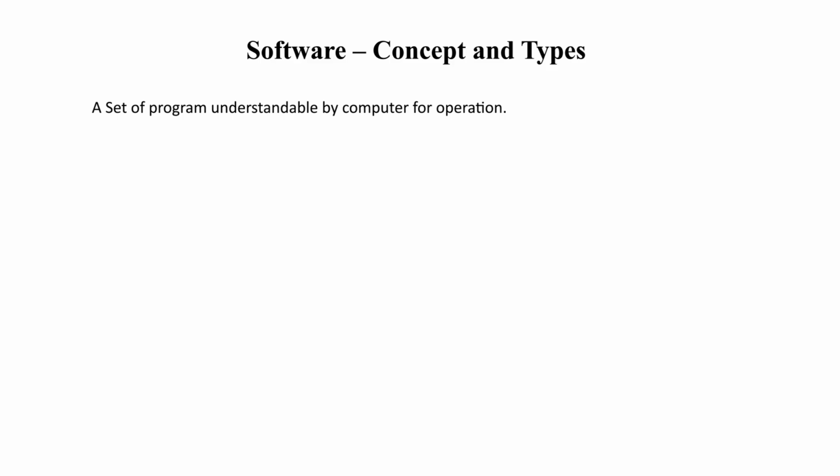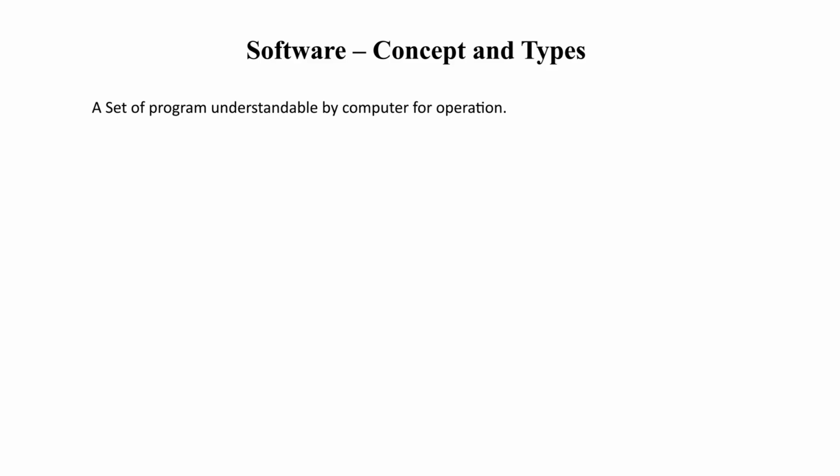So, the very first question: what is software? Software is a set of programs or instructions that run inside the computer for particular operations. Software is made by human beings, but it is created in such a form that one cannot touch it.